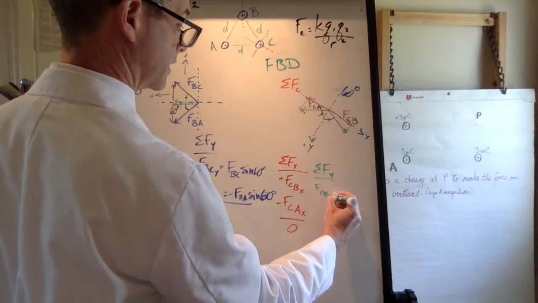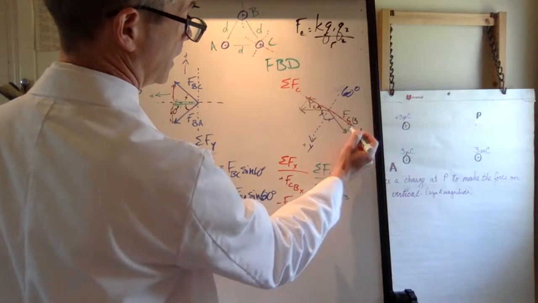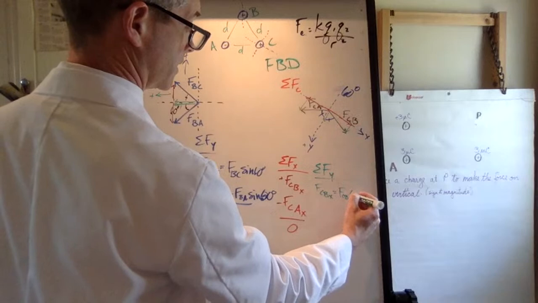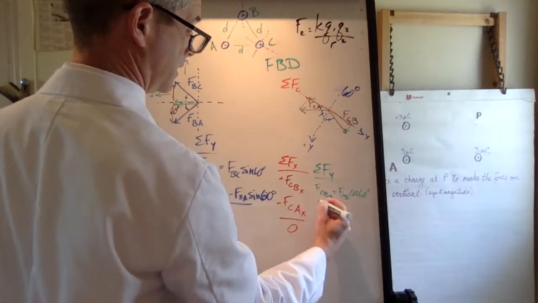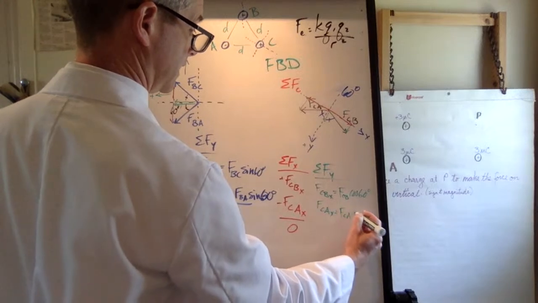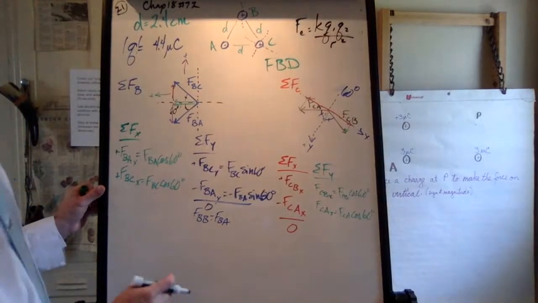FCB in the x direction is going to be FCB. I want this part, so that's cosine 60. FCA in the x direction is FCA cosine 60 as well.